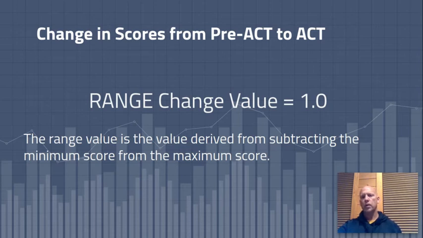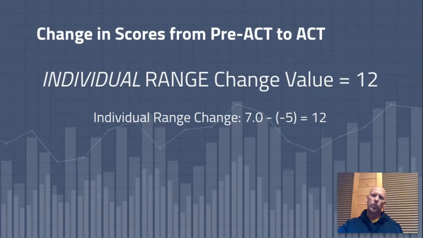And what I was looking at here was what was the highest change, the most positive change a student made, and that was a 7-point change from the pre-ACT to ACT score, and the most significant drop was a -5 between the pre-ACT and ACT, for a total individual change range of 12. I'll talk more about that in just a little bit in regards to what that means to a school leader.